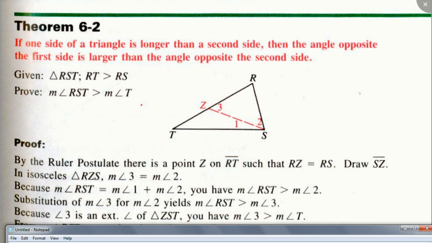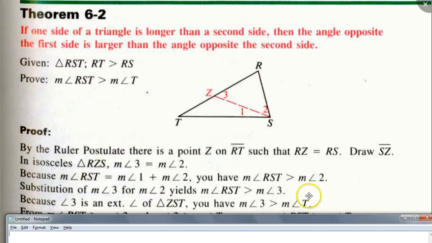A lot of you? Okay, not too many though. Go ahead, discuss with your group. So what are we going to say next? Let me again show you. We got the measure of RST is greater than the measure of angle 3. The measure of angle 3 is greater than the measure of angle T. Who can tell me what to write next? Samantha?